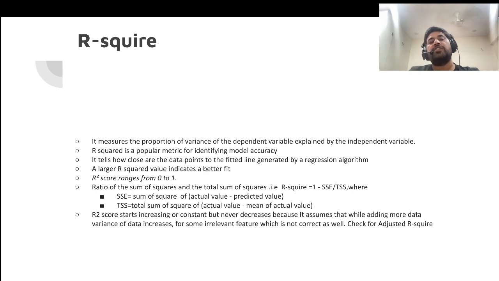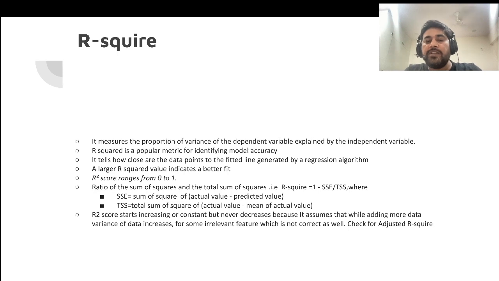Another metric that is used is called R square. R square basically measures the proportion of the variance of the dependent variable with respect to the independent variables. It is one of the popular metrics for identifying model accuracy, and it is good if we have a single feature.